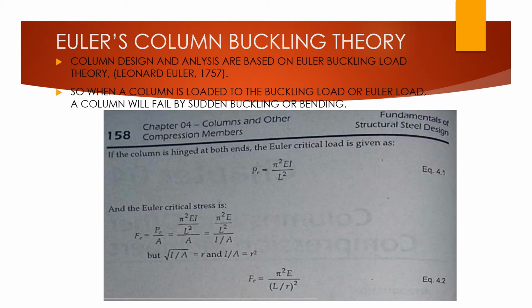Diha na makita, ma-prove og sakto ba ang mo stand gihapon ang atong column, dili siya mo fail sa given nga load. So diri pod sa Euler's critical stress, mao ni ang formula, equation 4.2. Diri na i-test unsay maximum capacity sa usa ka column before siya mo fail.